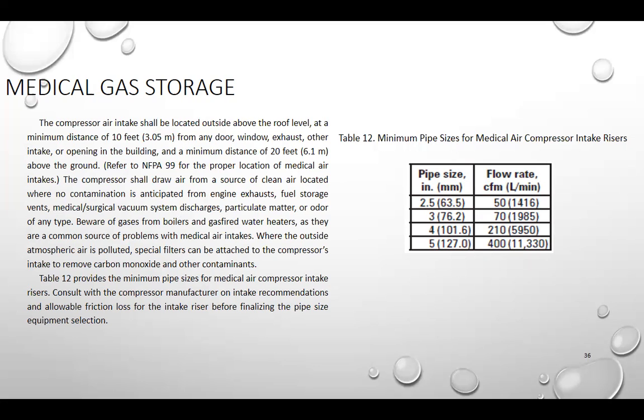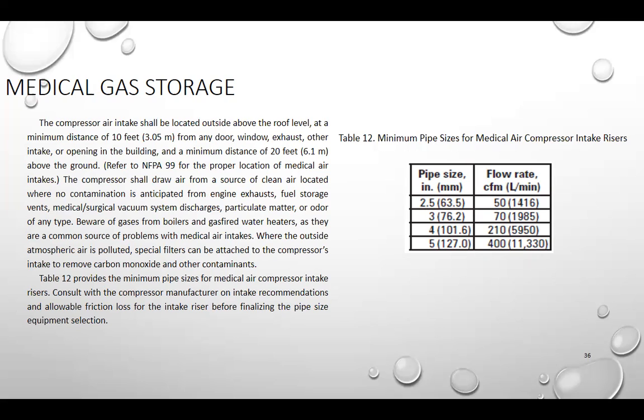The compressor shall draw air from a source of clean air located where no contamination is anticipated from engine exhaust, fuel storage vents, medical surgical vacuum system discharge, particulate matter, or odor of any type. Beware of gases from boilers and gas-fired water heaters as they are a common source of problems with medical air intakes.